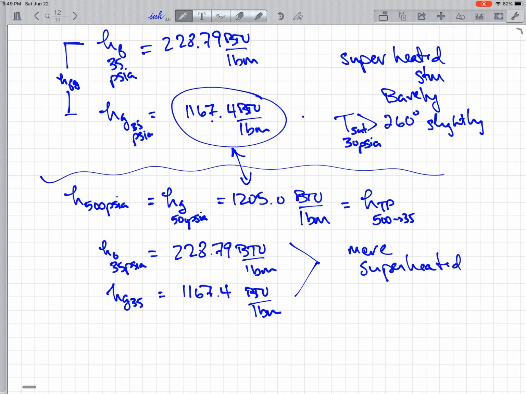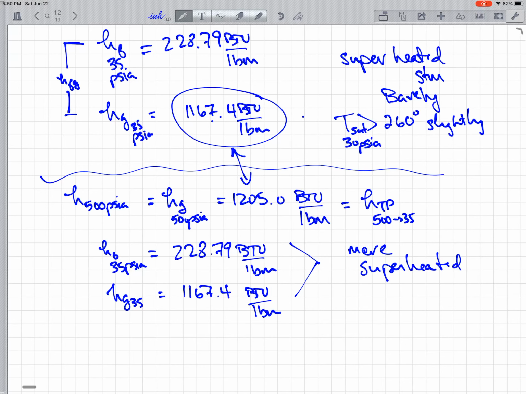If you go to 320, you get 1197. So enthalpy is rising as temperature superheat is rising. And you can look at 30 if you want, right? So at 30 pounds absolute, your enthalpy sub G, which is going to be saturated steam in the second column, is 1164.1. And if you go 100 to 280 degrees, you're going to have 1197.3. And then up to 320 degrees, you're going to have 1199.1.